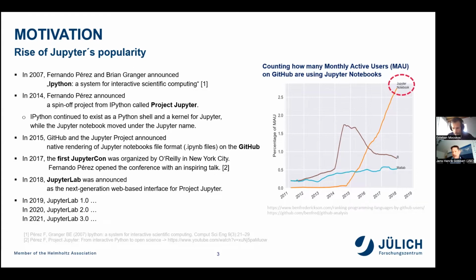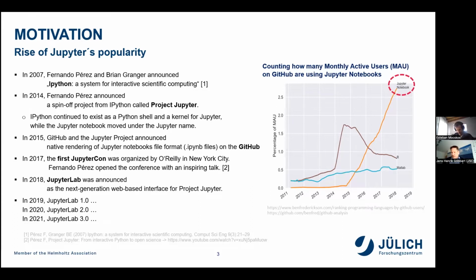And on the right you see a plot. Of course, it always depends how you plot things. Here, this plot was generated by looking at all the repositories of GitHub and checking how many of these repositories have Jupyter notebooks inside, and there you see that it's really rising dramatically.